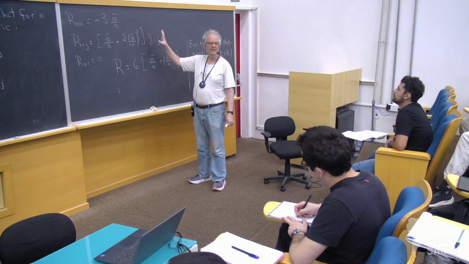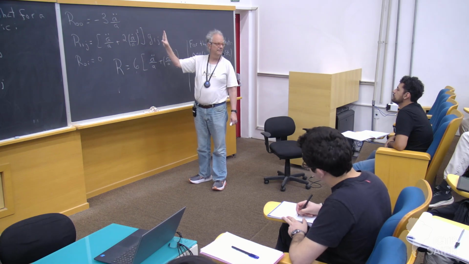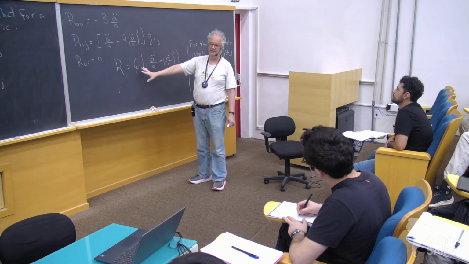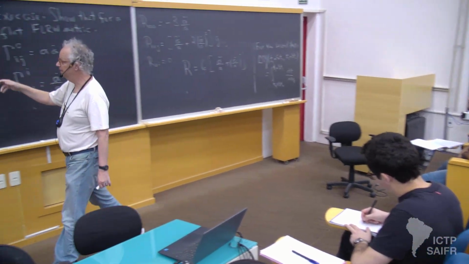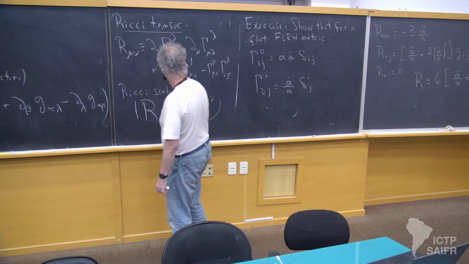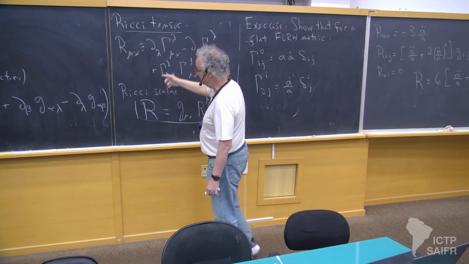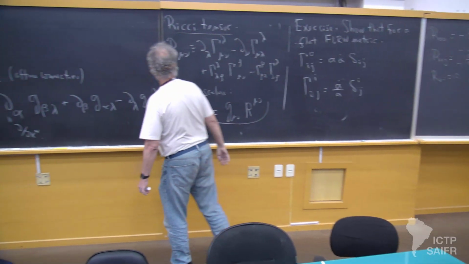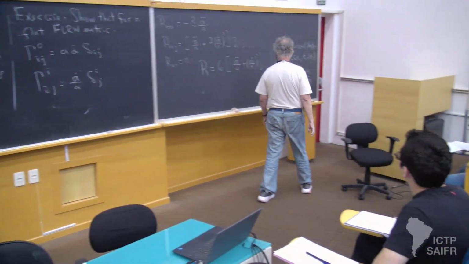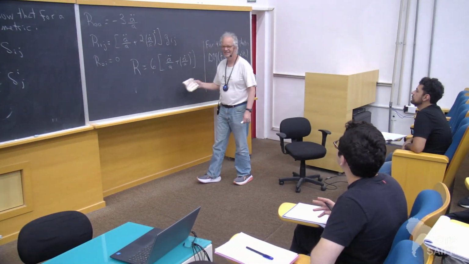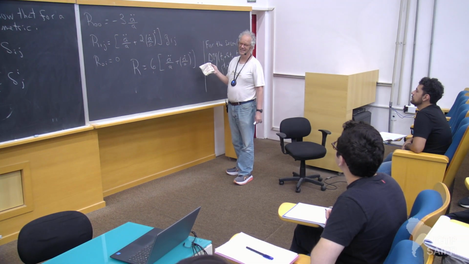Again, everything is determined by the scale factor, first derivatives and second derivatives. Why first and second derivatives? Because you know what R is: it has to be a second derivative of the metric, or the first derivative squared. So try to reproduce this. It's a good exercise.